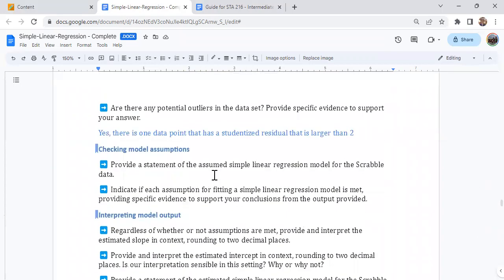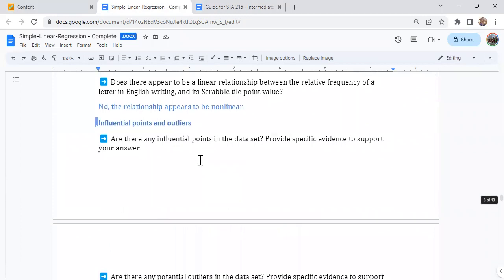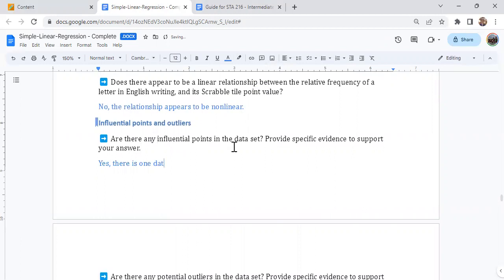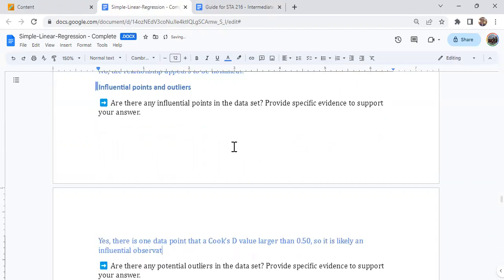Okay, so yeah, influential points. So yes, there is one. It looks like the Cook's D value is larger than 0.5, so it is likely an influential observation.